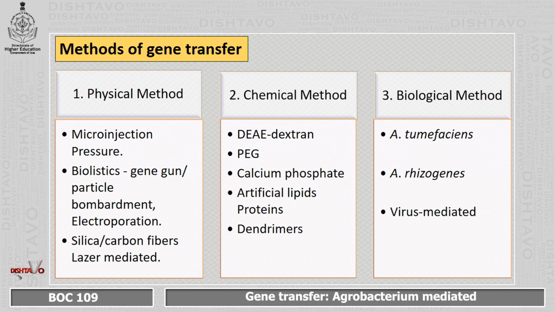Under chemical methods, we have DEAE dextran, PEG, calcium phosphate, artificial lipid proteins and dendrimers. Under biological method, we have Agrobacterium tumefaciens bacterium, Agrobacterium rhizogenes and virus mediated. These are the different methods by which we can introduce DNA into the plant cells.